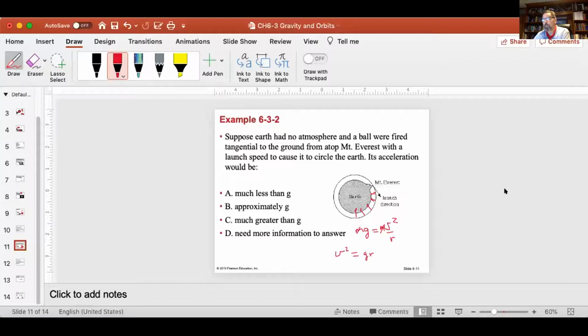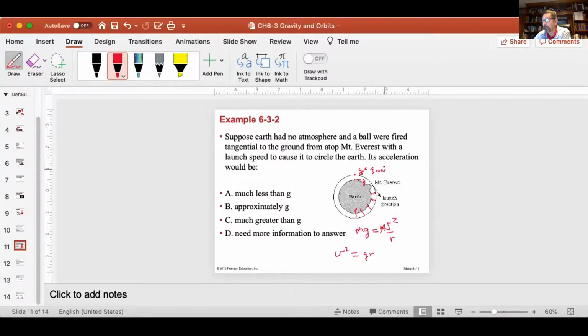Now, for those of you that went with A, if you were thinking that g at the surface of the Earth is the value, but up here where this orbit is, g is going to be a little less, that's supposed to be a g, not a q, a little less than g at the surface. That's why you picked A.